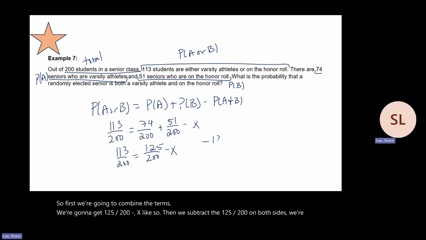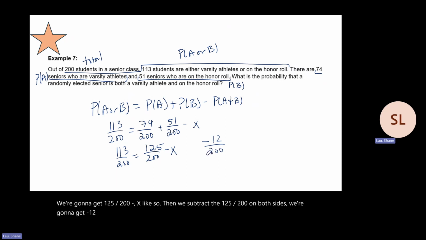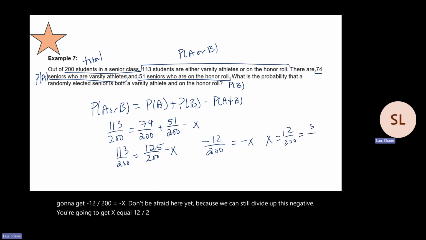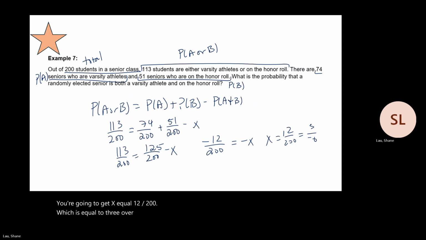We get negative 12 over 200 equals negative X. Don't be afraid here yet, because we can still divide out this negative. We get X equals 12 over 200, which is equal to 3 over 50, or 6%.